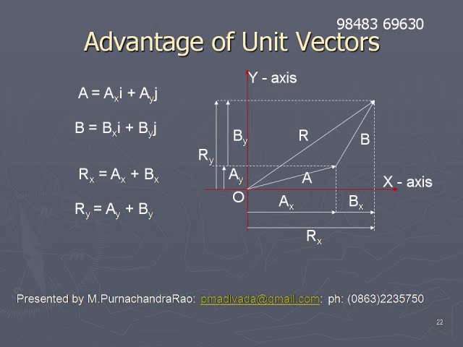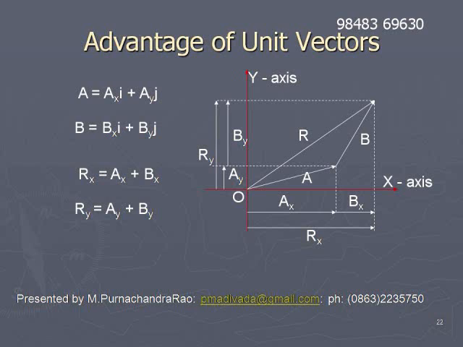Now let us write a bar and b bar in terms of their components. The components of a are shown as ax and ay. From the head of a, a vertical dotted line is drawn, and from the y-axis its distance is represented by ax. This is the x component of a bar. Similarly, from the head of a bar, a dotted line is drawn parallel to the x-axis.